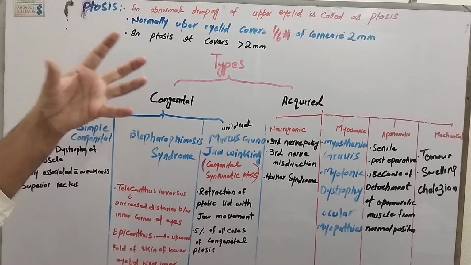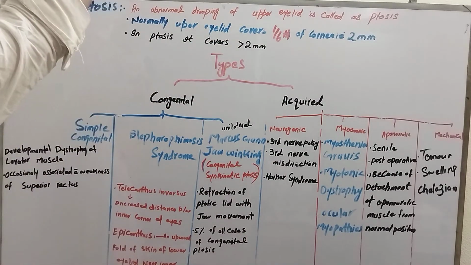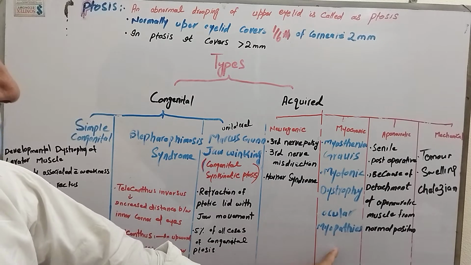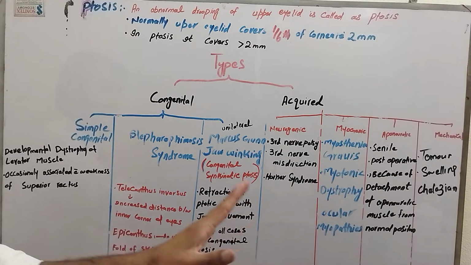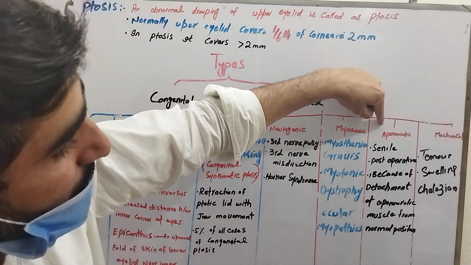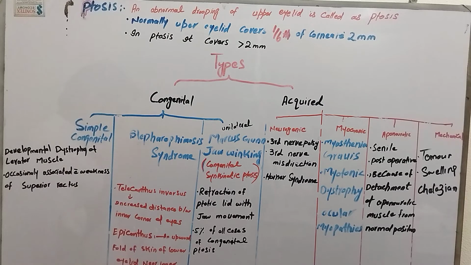I have told you that levator palpebrae has the role of lifting the upper lid upward. Here there will be a defect in this muscle, a disease of this muscle that causes drooping of the lid. Now, aponeurotic. Always remember, aponeurotic is also called senile because it is age-related atrophy of the levator muscle aponeurosis.